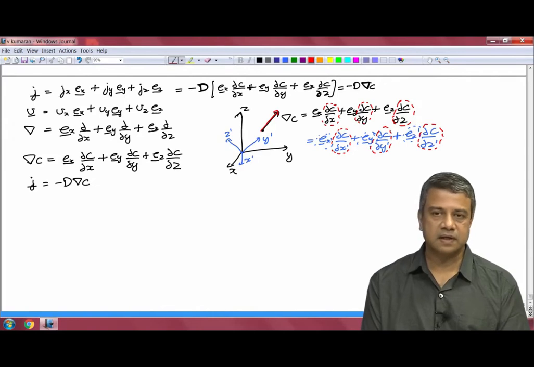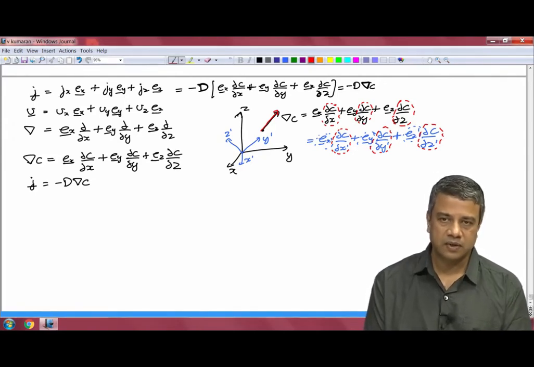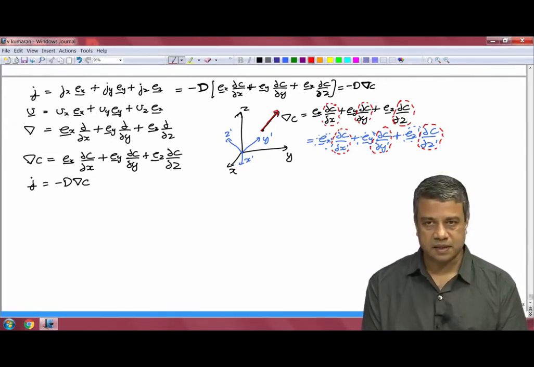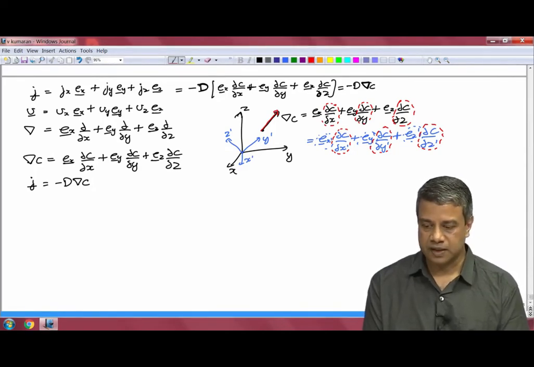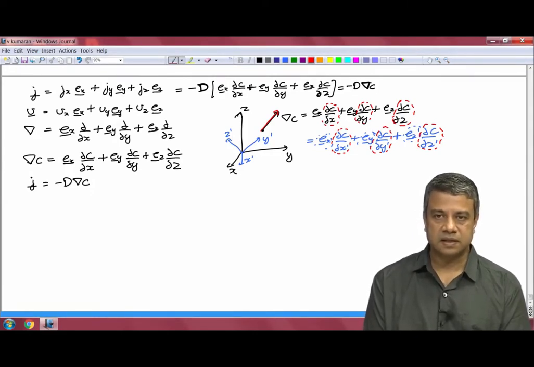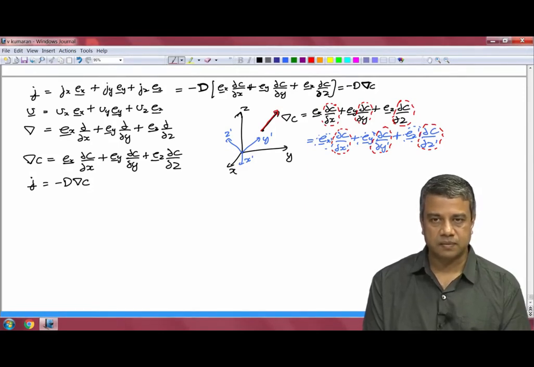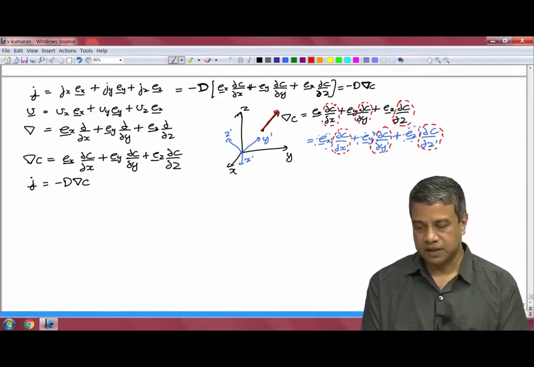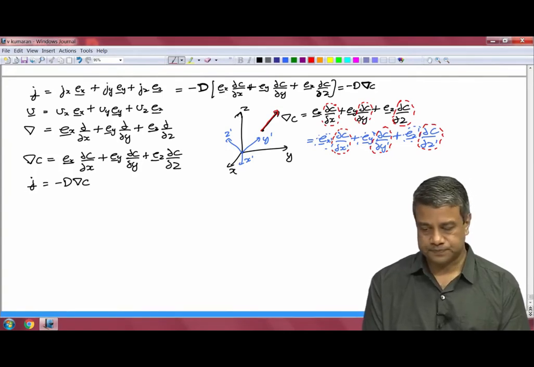The gradient vector is a vector that is directed in one particular direction in space at a point. So, the choice of the coordinate system does not alter the value of the vector gradient of the concentration, though the components will change, because the gradient of the concentration is something physical. It is the difference in concentration between nearby locations, divided by the distance travelled. So, that is not going to change.